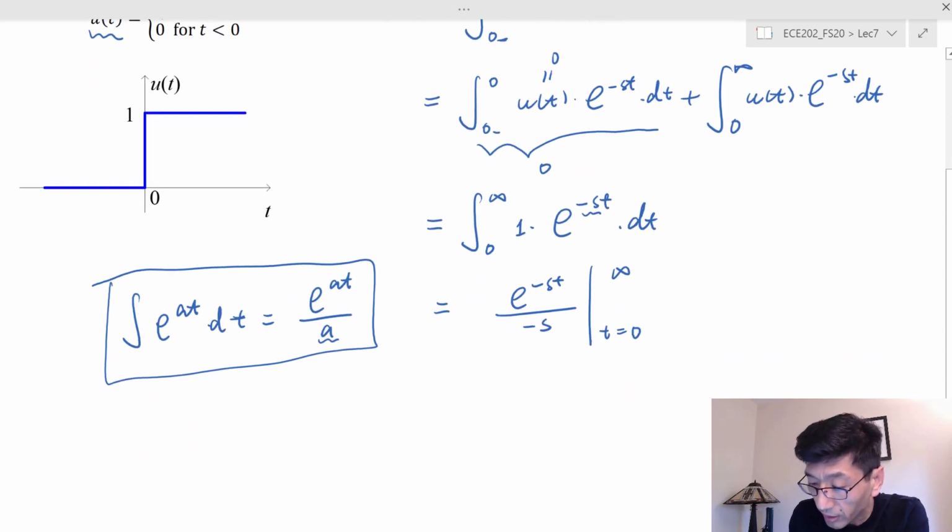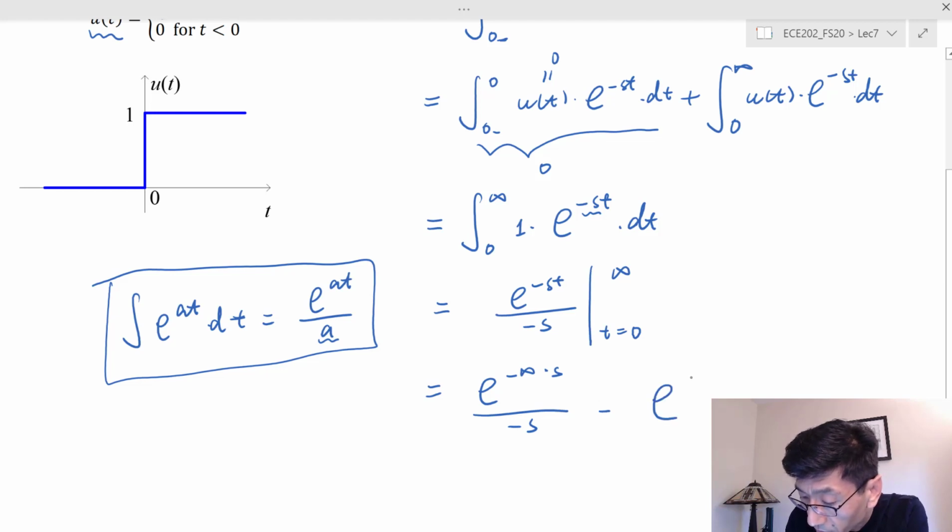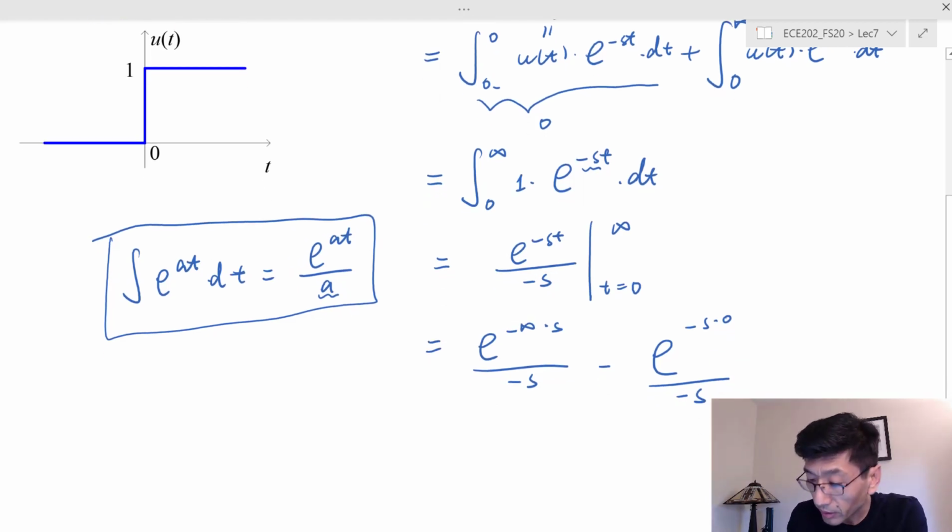So I get e^(-infinity times s) over negative s minus e^(-s times 0) over negative s. And this e^(-s times 0) term is equal to 1, right?